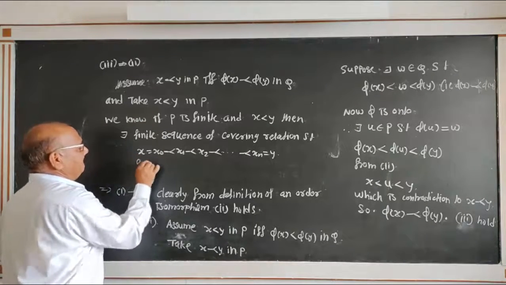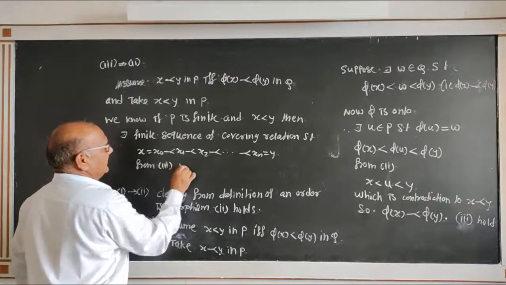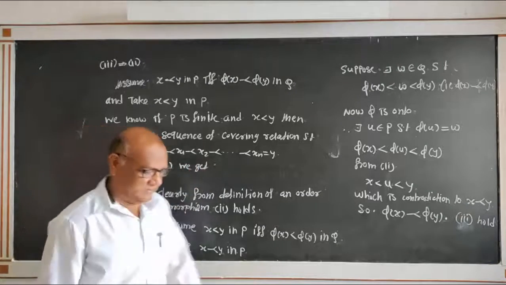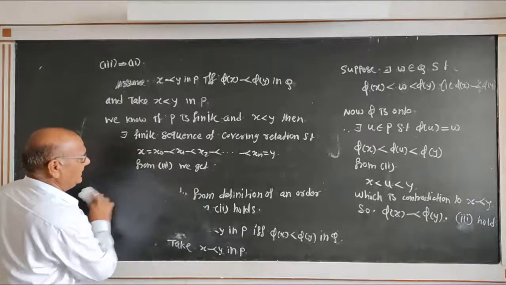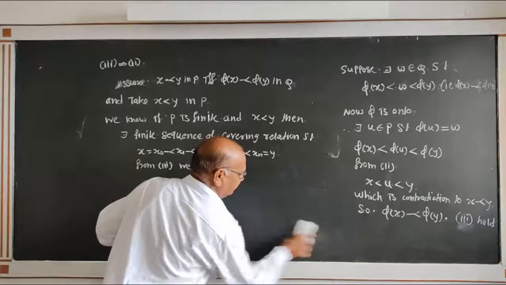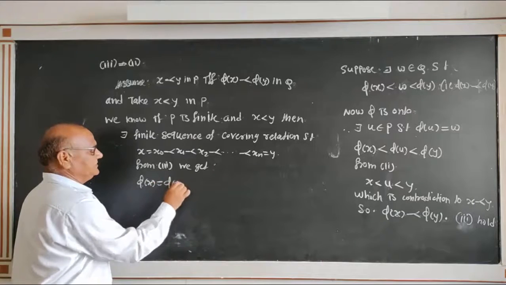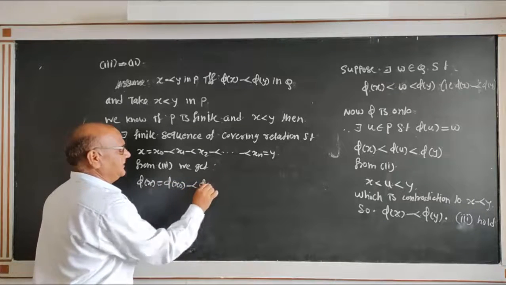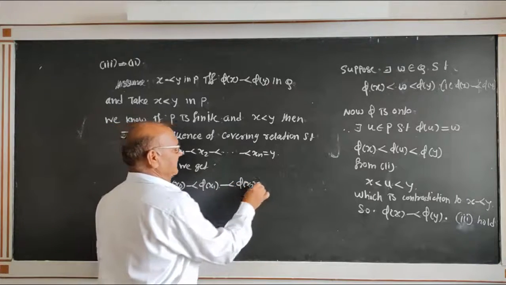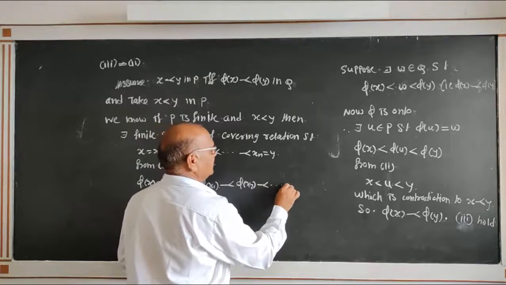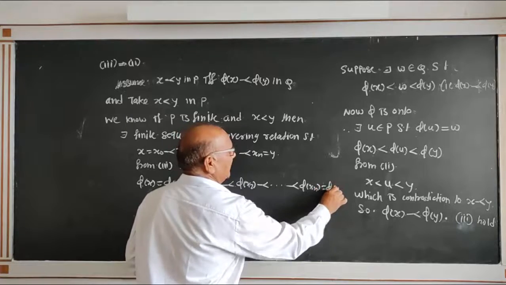Then from third we get, if this is satisfied, then phi(x) = phi(x0) covered by phi(x1) covered by phi(x2) and so on, covered by phi(xn) = phi(y).